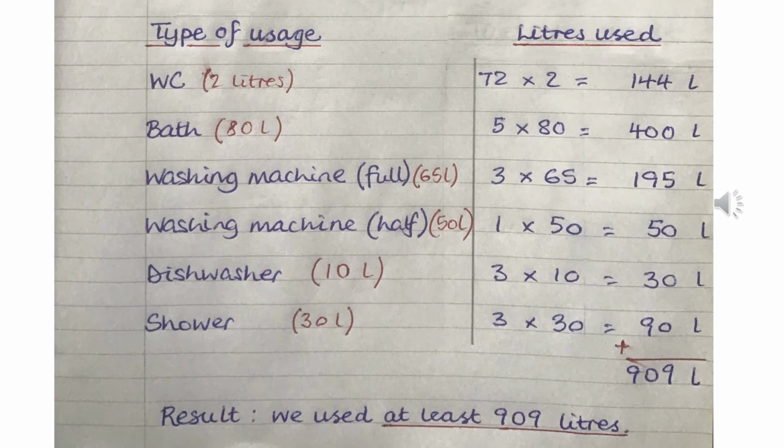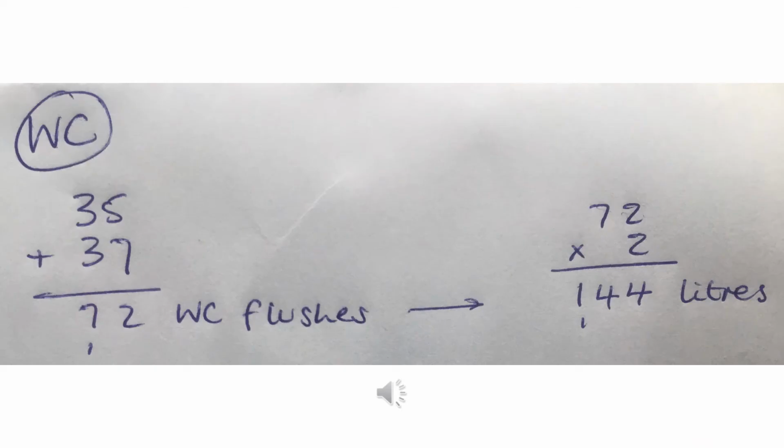The loo was flushed 72 times. 72 times 2 litres makes 144 litres. To arrive at that figure, I did some rough jottings on a piece of scrap paper.